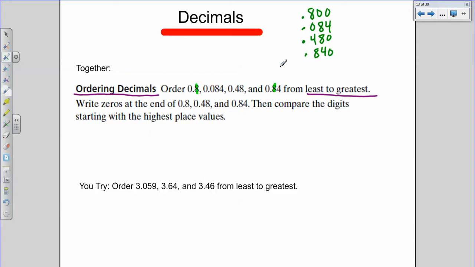So I can now see from least to greatest that I'm going to have a number that is very small. My 0 is small. So 84 thousandths is my smallest number, so we can mark it out. Now I can see my 4 is going to be my next smallest number.